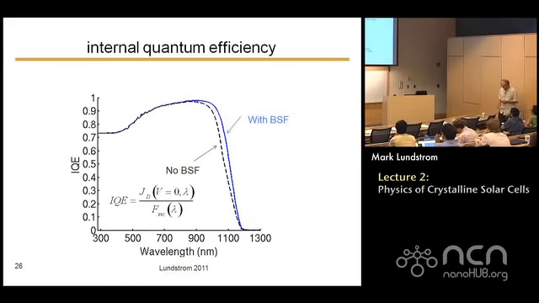So this is a measurement that people do frequently. You can see that the internal quantum efficiency is dropping down at the short wavelengths. That's because they're being absorbed in this N+ layer where the lifetime is very short and they're recombining very quickly. Okay. So this is a standard type of characterization that people will do when they're trying to understand what's going on in their solar cells.